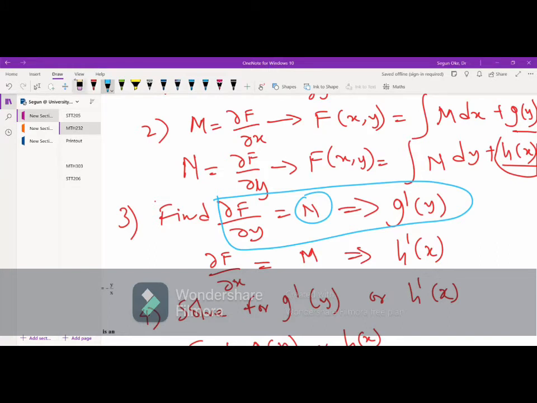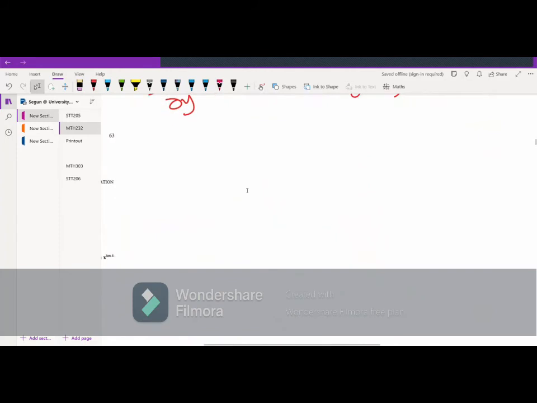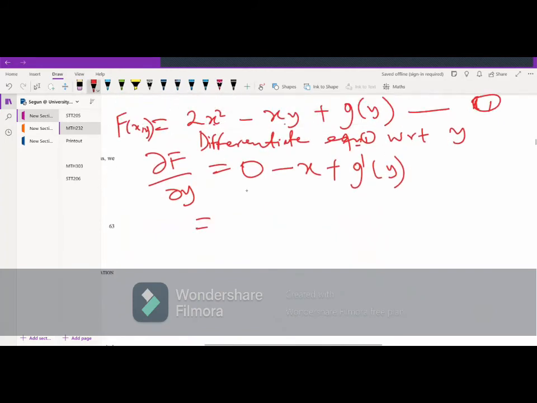So we are going back to it, because from day one N is what we used to define it. So we have minus x plus g prime of y is equal to N.